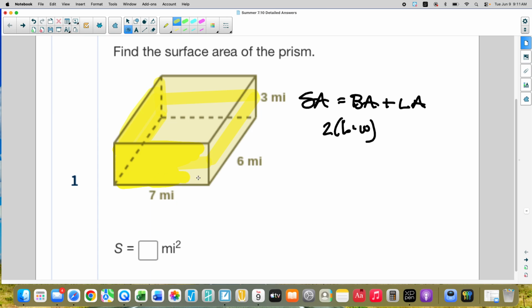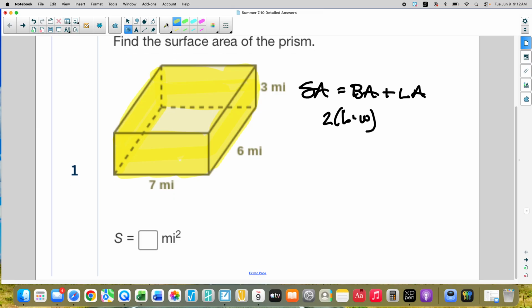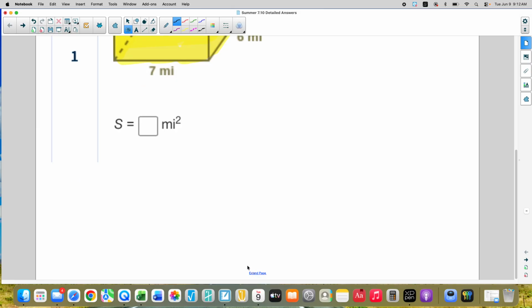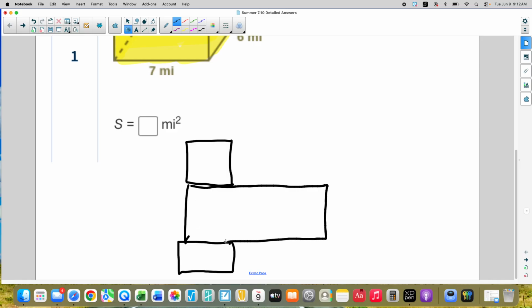It's what goes around it. If we pull it apart and understand it through nets, if we open this up, you'd have the top, the bottom, and then the waist.